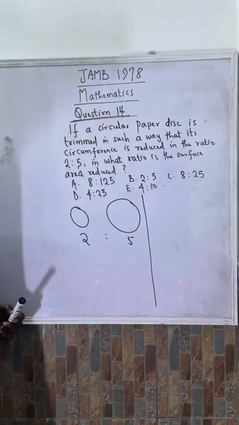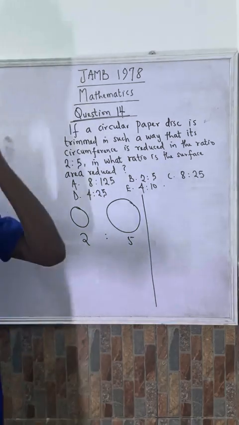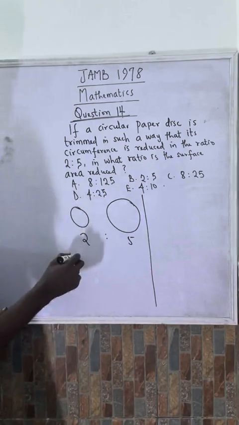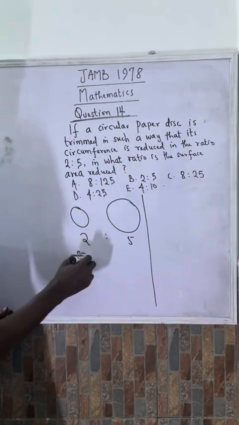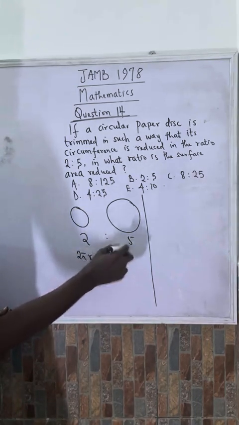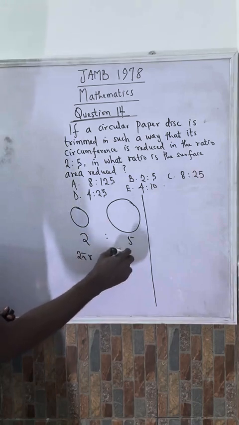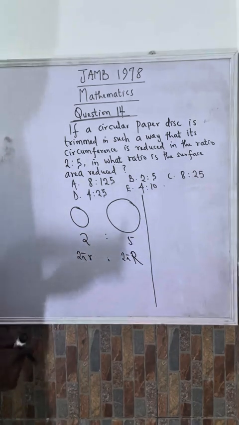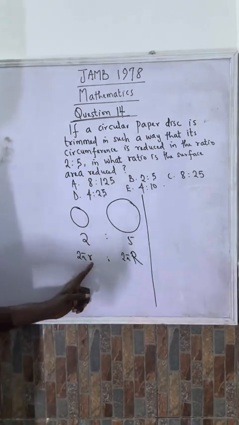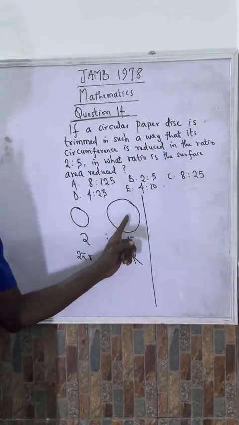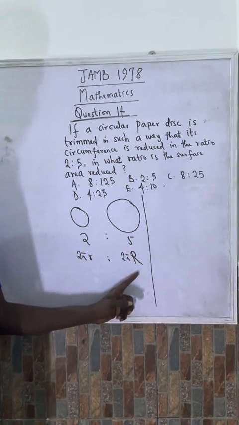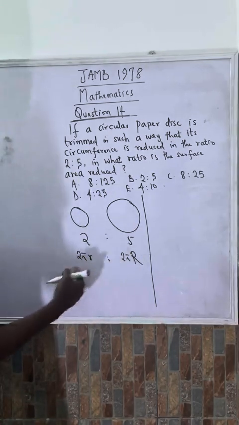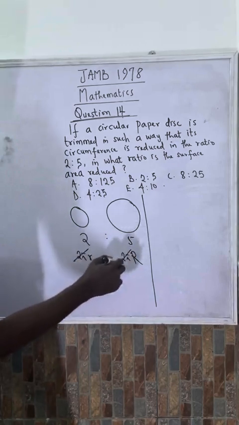Next, you know that the circumference of a circle is 2πr. So for the smaller circle, I will have 2π small r, and for the bigger circle, 2π big R. I'm assuming the radius of the smaller circle is small r, and the radius of the bigger circle is big R. Since 2π is common to both, I can just cancel it off.